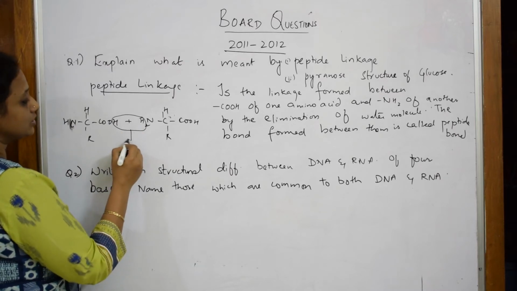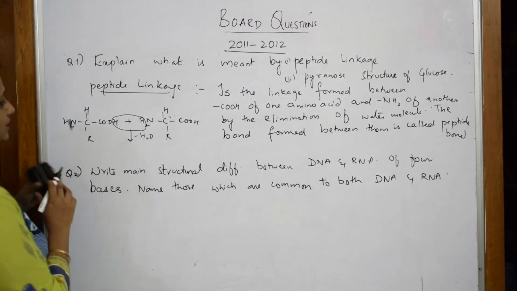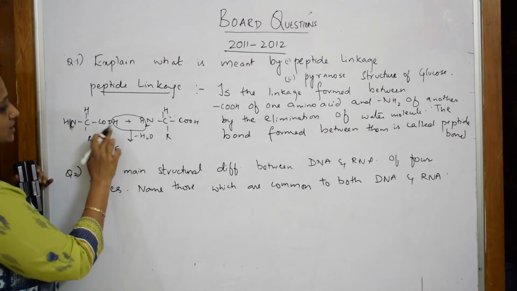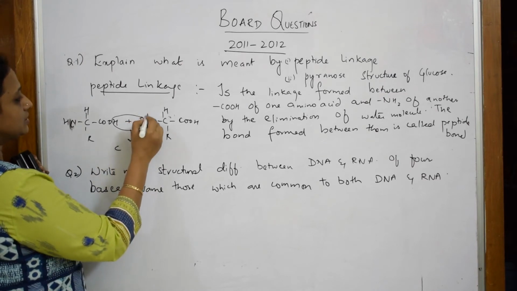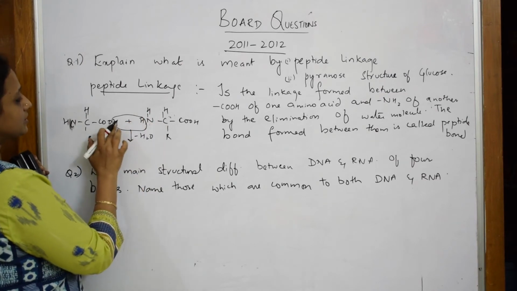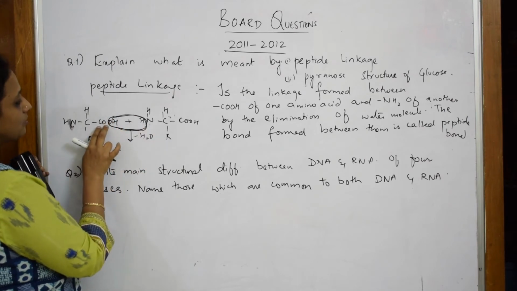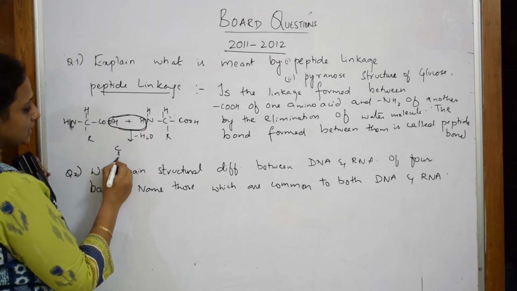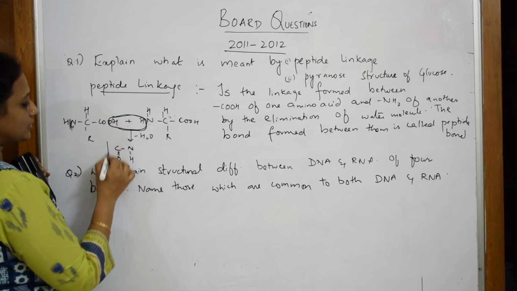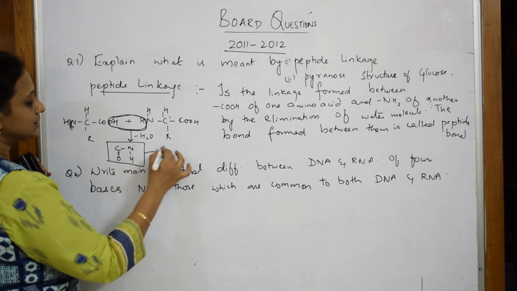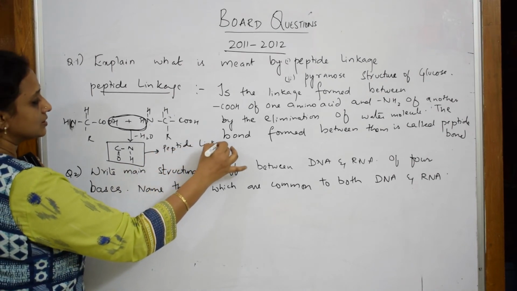Water molecule eliminates, and what do you get? You will be getting a bond exactly like this. The OH has gone, so the H from here and the OH from here form water. What you get is a bond, C double bond O and NH. This is called peptide bond. So you're going to write like this and name it as peptide linkage. That's it. This is your answer.